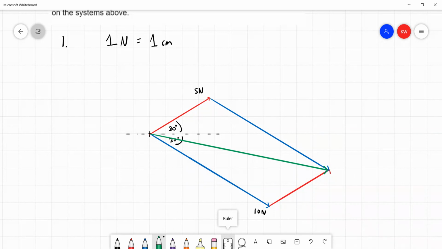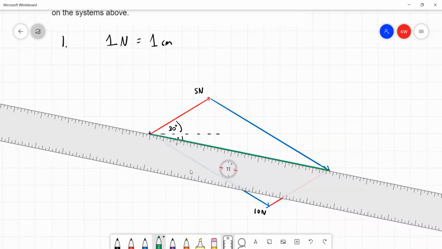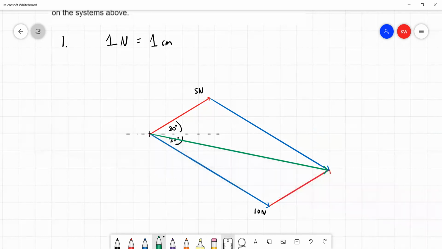So to finish saying something about the resultant, here's what we have to say. First of all, we have to measure the size of it. You'll be able to do it much more accurately on a piece of paper than I can on screen here, but counting along these boxes, it's slightly over 13, so I might say about 13.2, maybe 13.2 centimeters.